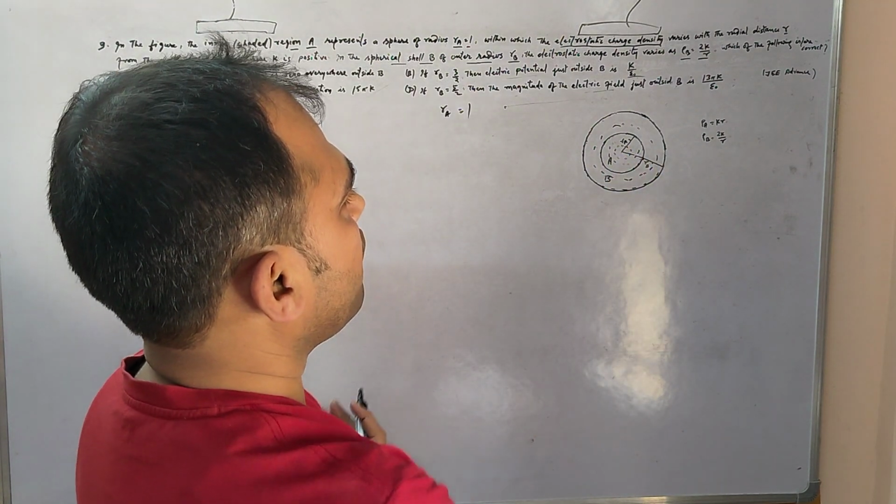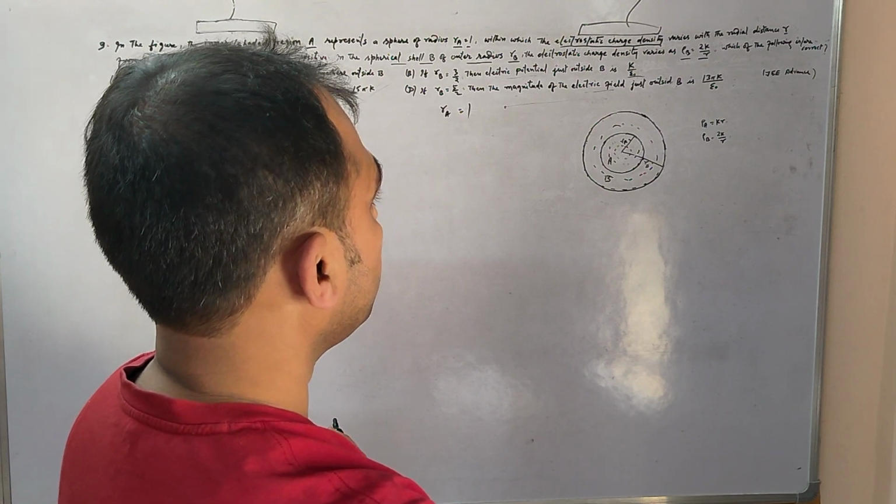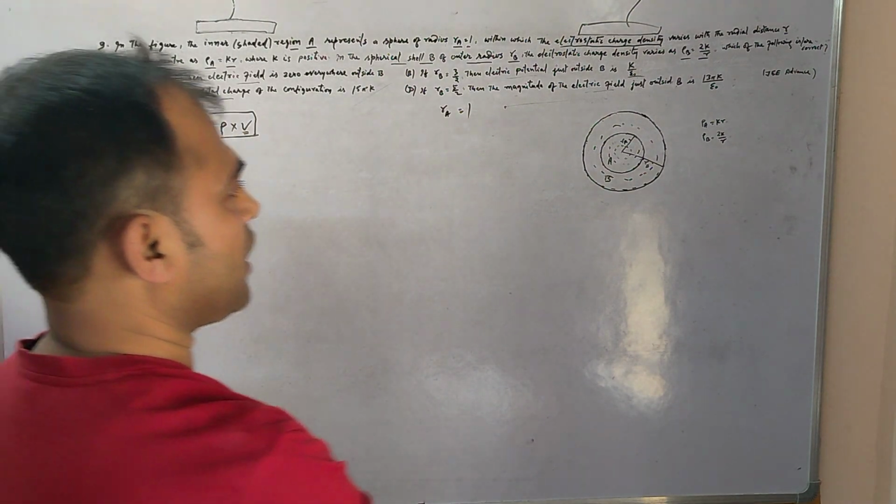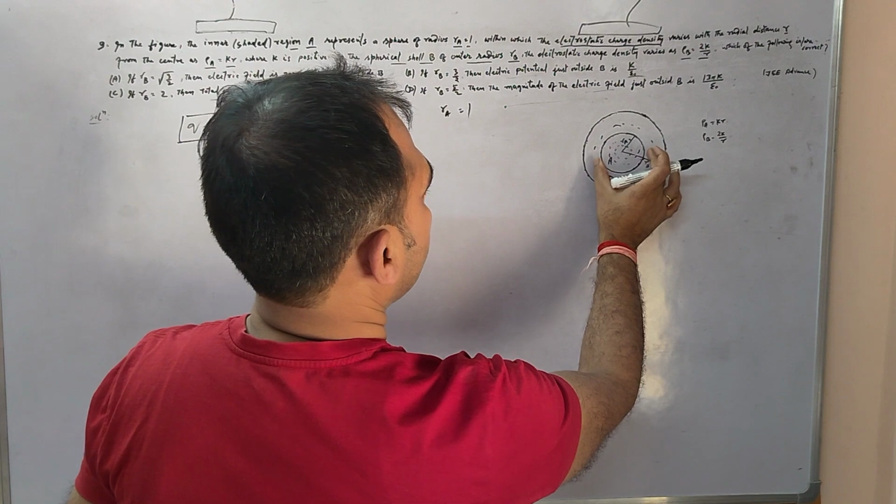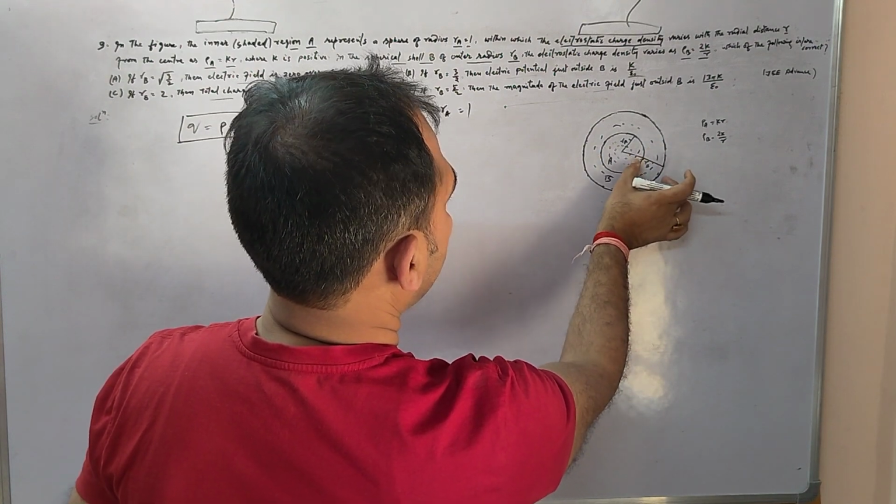So how will we find the total charge? First we have to find QA, then we have to find QB.